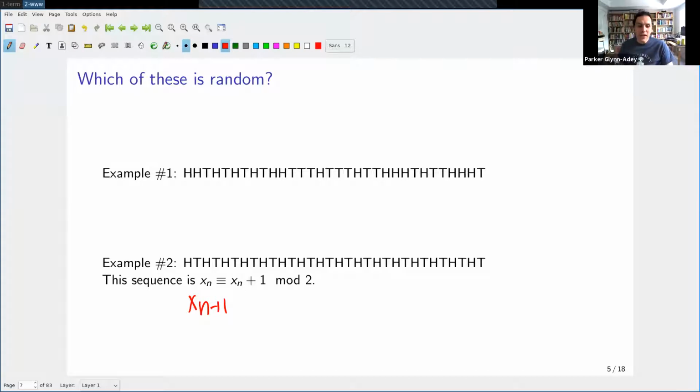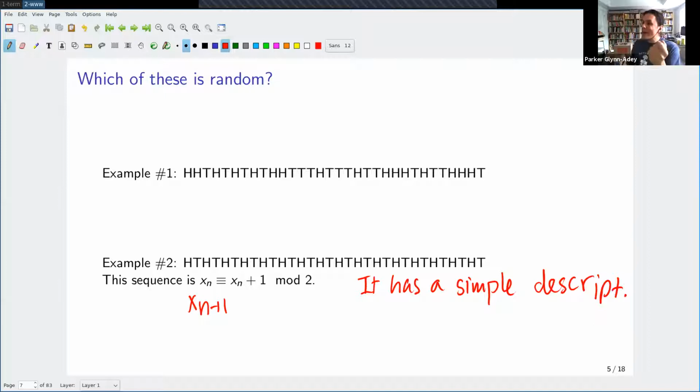So this one isn't random because it has a really simple description. There's a simple way to describe alternating heads, tails. It's got a short algorithm that produces it.